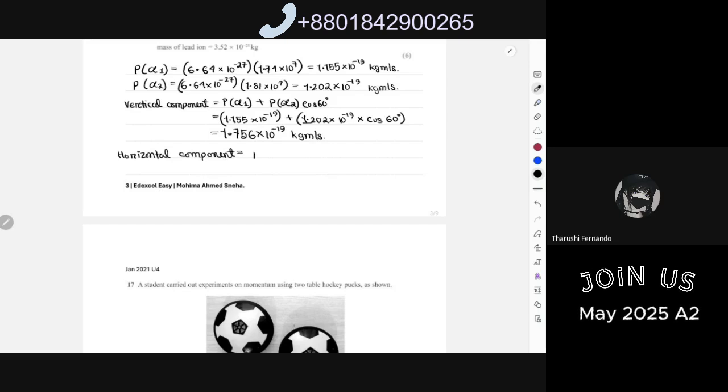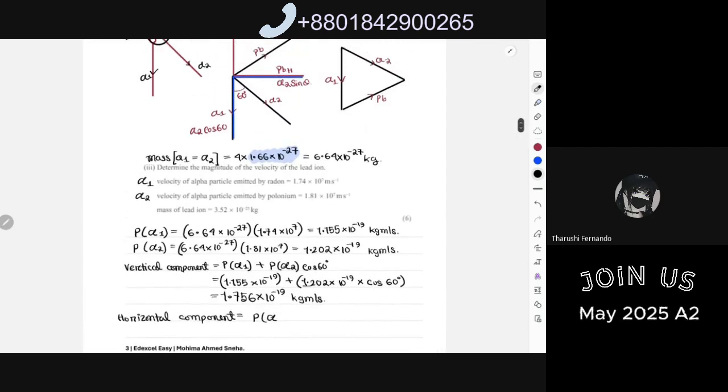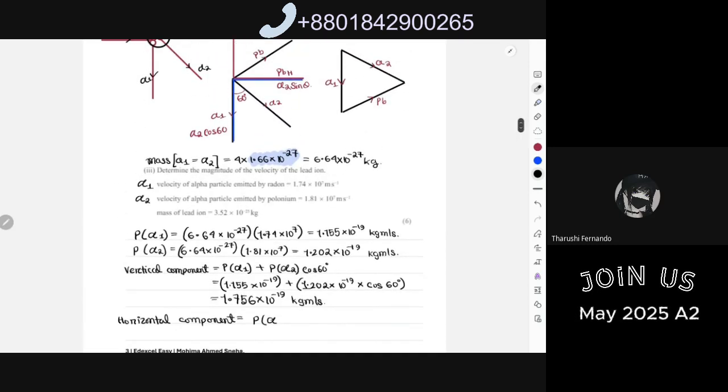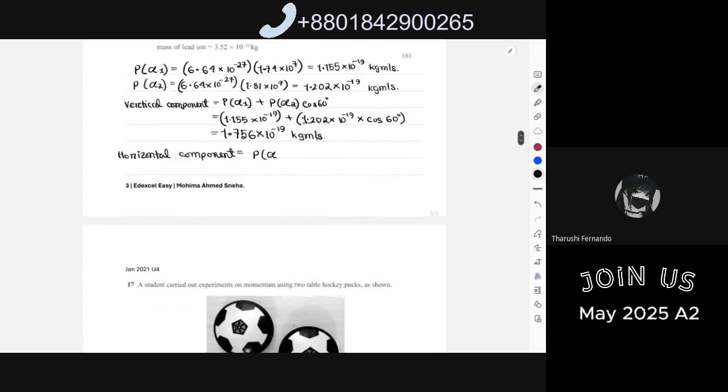That is going to be momentum alpha. I think this is only what? Momentum alpha 2 sin 60, right? Nothing else over here. So momentum alpha 2 sin 60, and this is 1.202 × 10^-19 sin 60 degree.